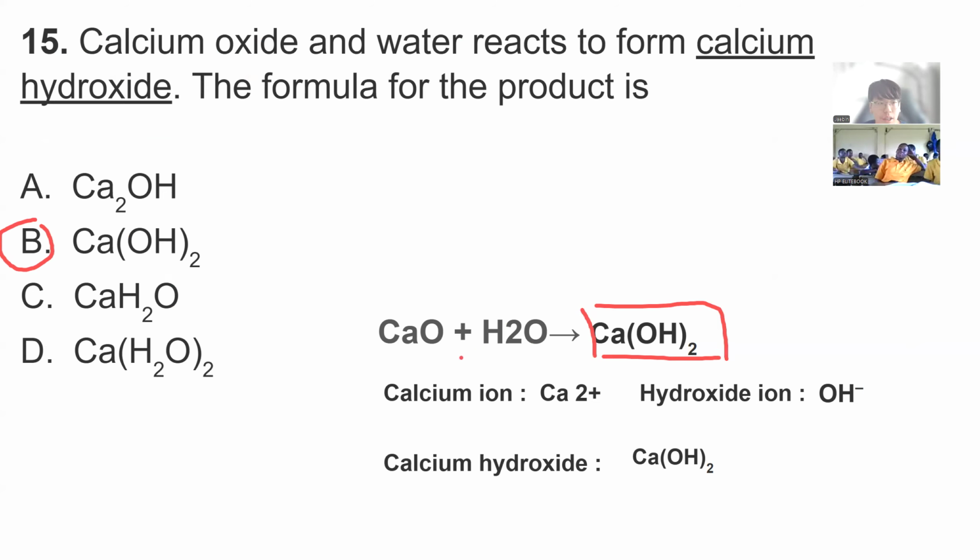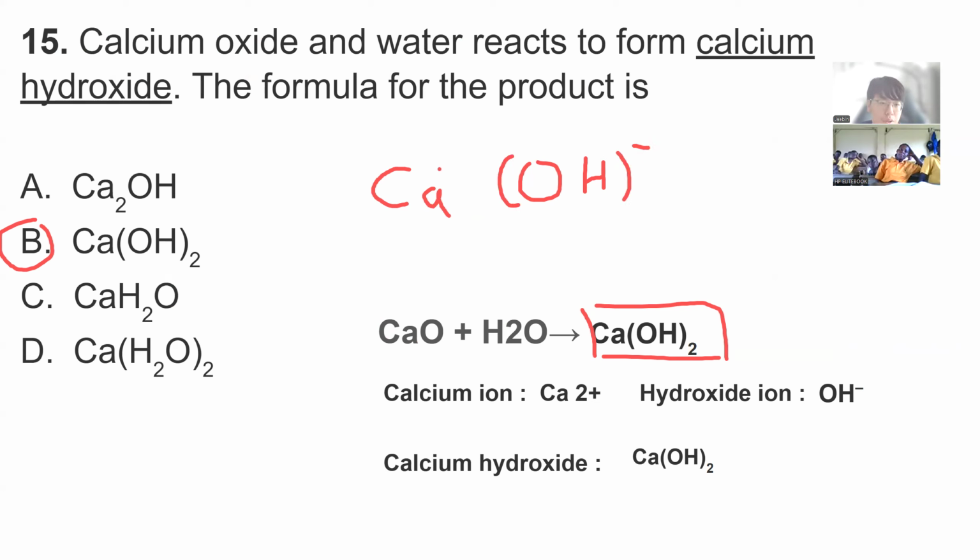So actually, this is how, for example, we have calcium and hydroxide, which is OH, combining.